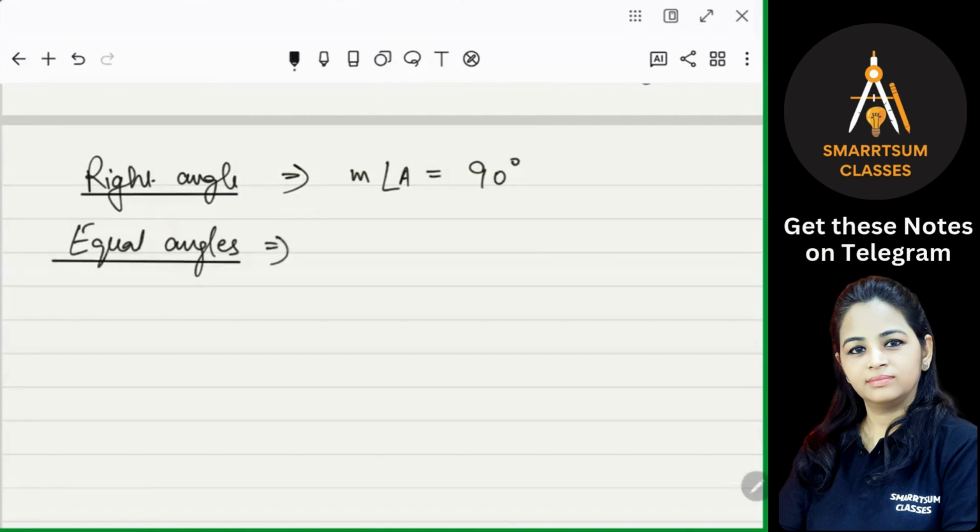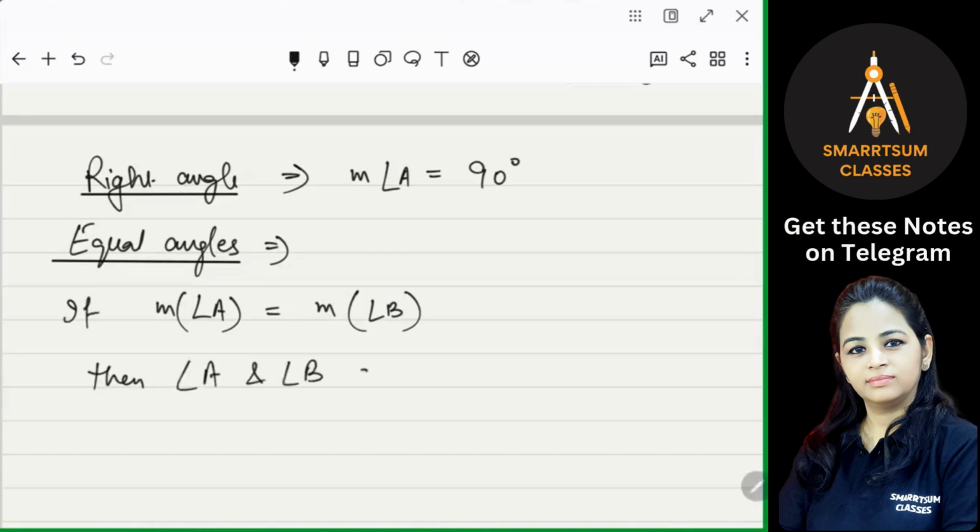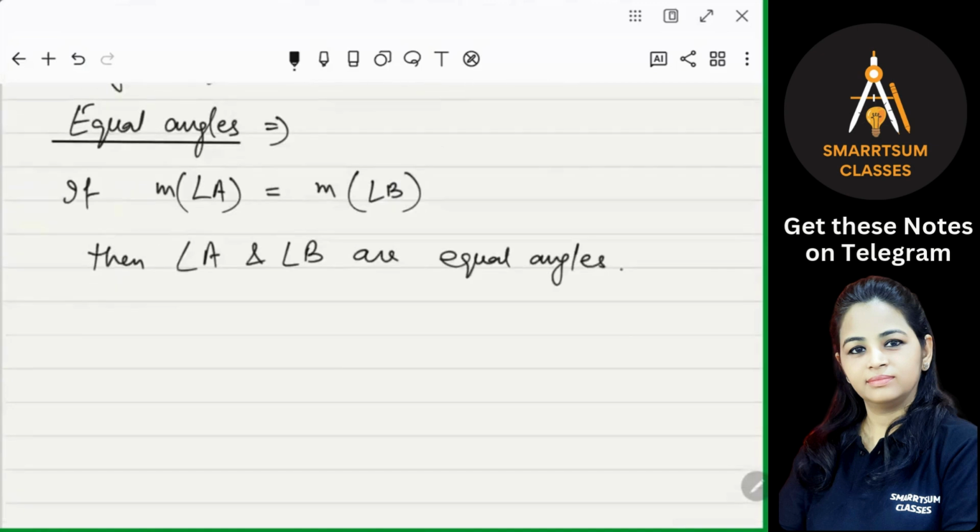Means m of angle A is equal to m of angle B. If the measurement of angle A and angle B is the same, then we say that angle A and angle B are equal angles. Is that clear?